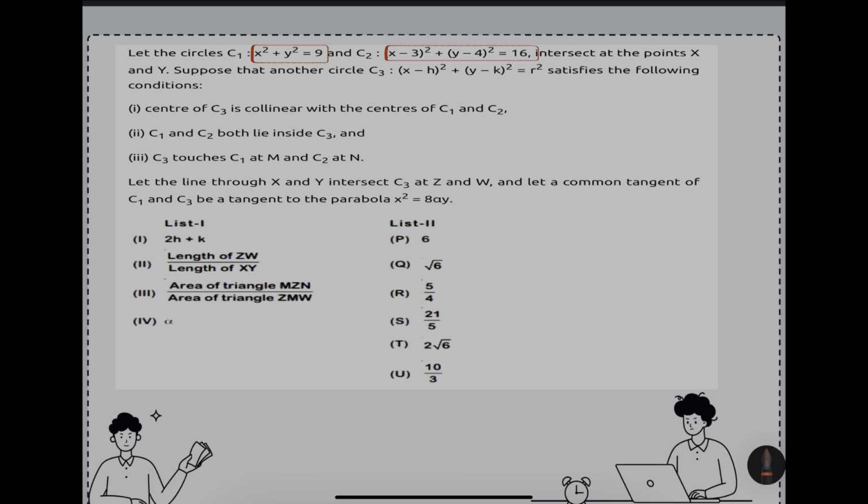C1, C2, C3 are collinear. C1 and C2 are both inside C3.